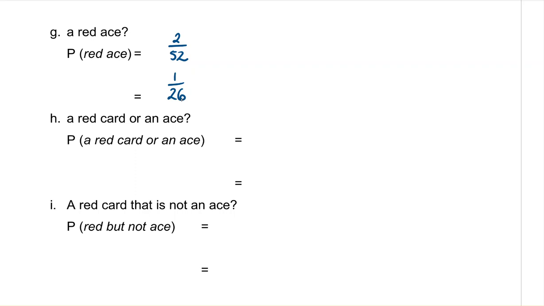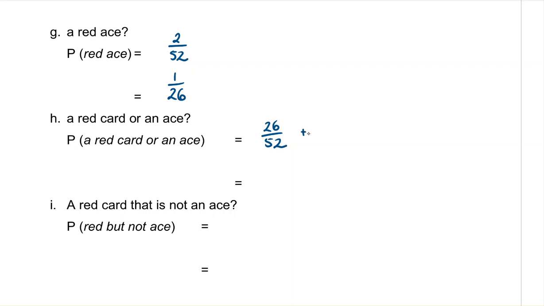H. Find the probability of a red card or an ace. The probability of a red card, there is 26 of them out of the 52. It does say or an ace. So I've already counted those 2 aces because they were in my red cards, but I need to count these 2 black aces.